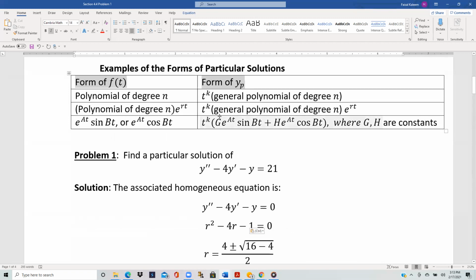This one is of this form, a polynomial of degree n times e to the rt. So in this case, it would be a general polynomial of degree n times e to the rt. Again, as we discussed, we don't need this t power k because nothing is matching the solution of the homogeneous equation. So the polynomial, we have here xe^x. So the polynomial is of degree 1.